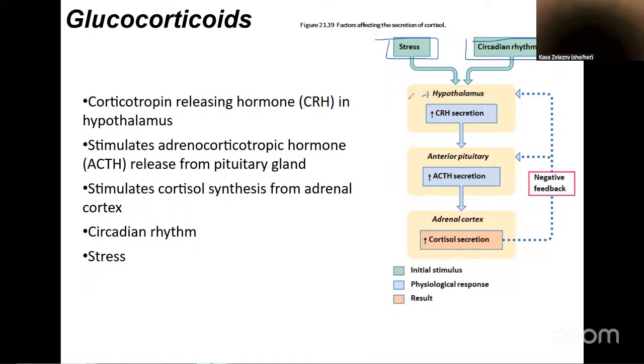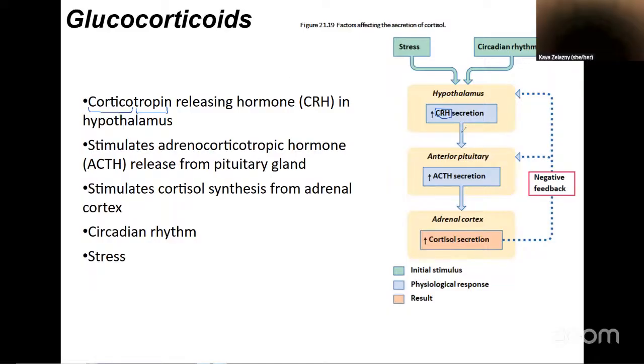So from the hypothalamus, we have one of those releasing hormones. Okay? So here we have corticotropin releasing hormone, or CRH. Right, so we're going to the adrenal cortex. This is a tropic hormone, and we're releasing a hormone. Right, that's how we get that name. So corticotropin releasing hormone coming from the hypothalamus.